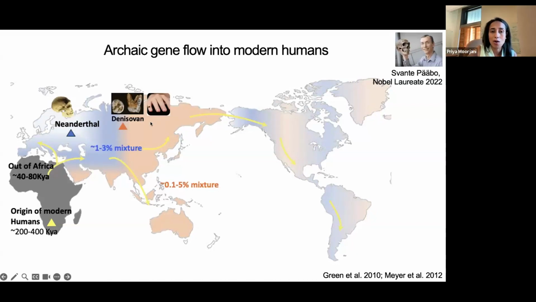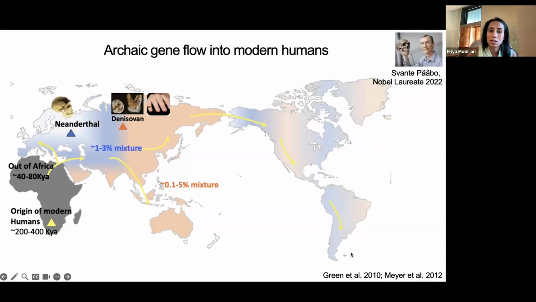From the sequencing of a pinky bone that was found in a cave in Denisova, which is in the Altai Mountains, we now know about a distinct cousin of ours, the Denisovan. Here I'm showing you two fossils of Denisovans, one, the little pinky bone that was sequenced, and then some other teeth that were found in the same cave.